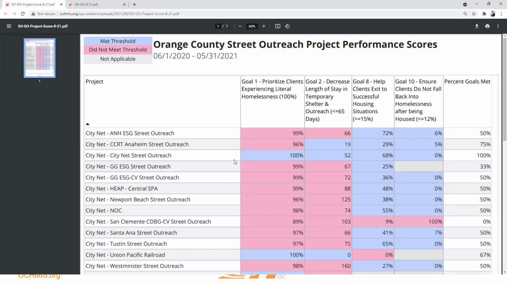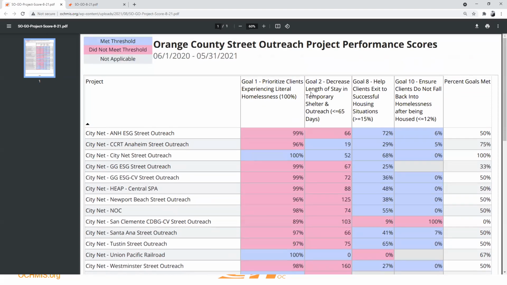All right. So as usual, we do have the project level performance for each of the measures for street outreach. The 4 measures are entries from homelessness, decreasing length of stay in street outreach projects, exiting clients to successful housing situations, and ensuring that once clients exit to permanent housing, they are not returning to homelessness.